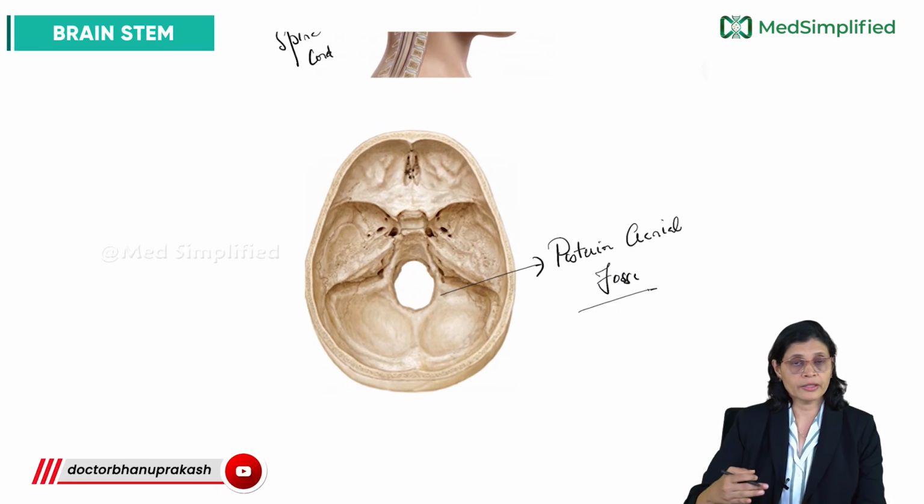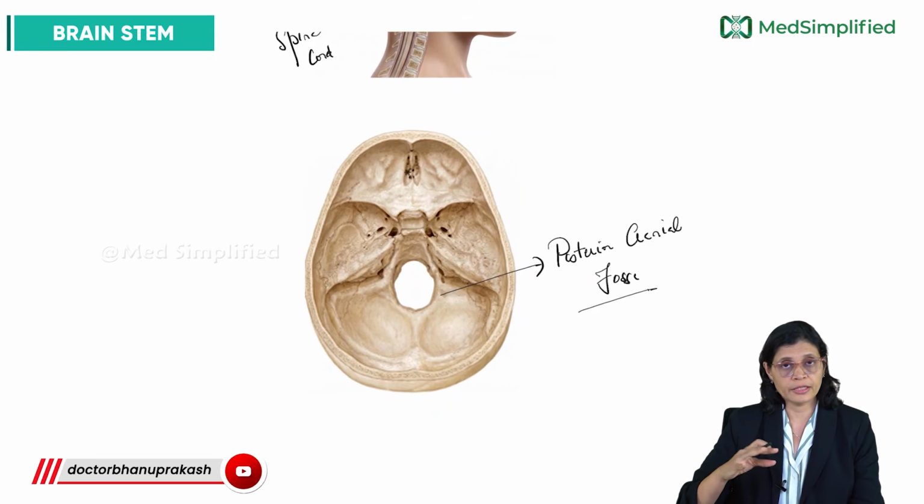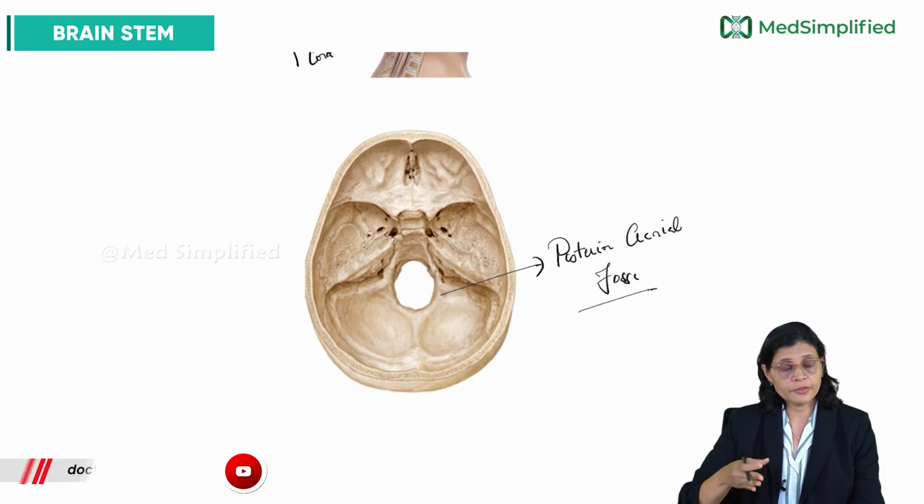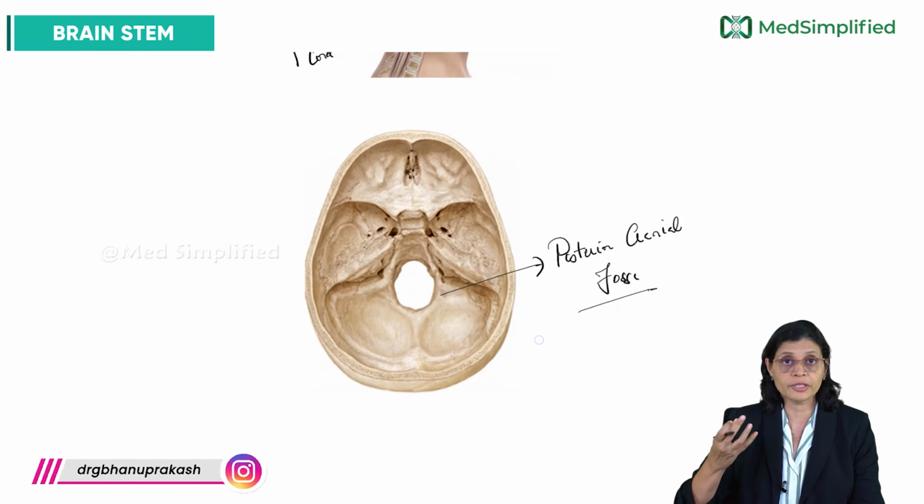Just like the spinal cord, here also we have nerve cells and nerve fibers. But here the nerve fibers are arranged in a longitudinal pattern, like tracks. We call them tracks, or lemniscus.